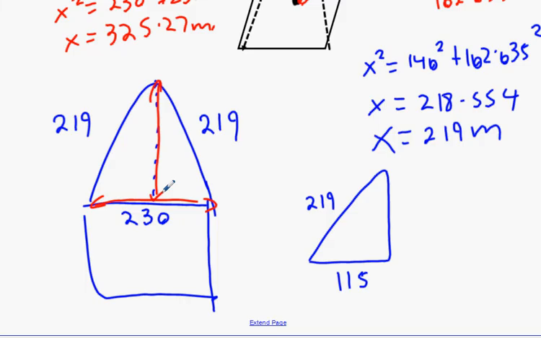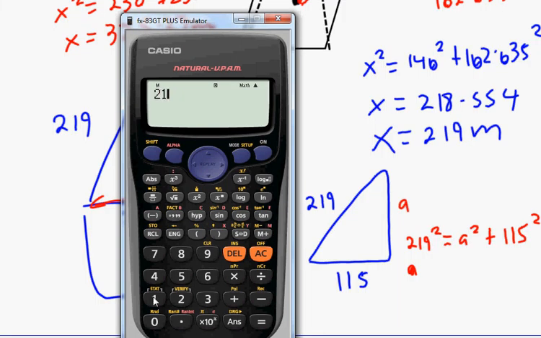So Pythagoras' theorem, we'll use a different letter at this stage. 219 squared, take away 115 squared, square root the answer, 186.38.